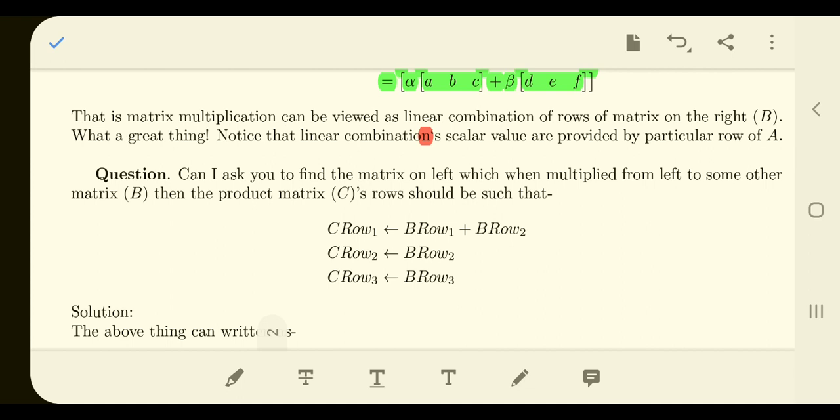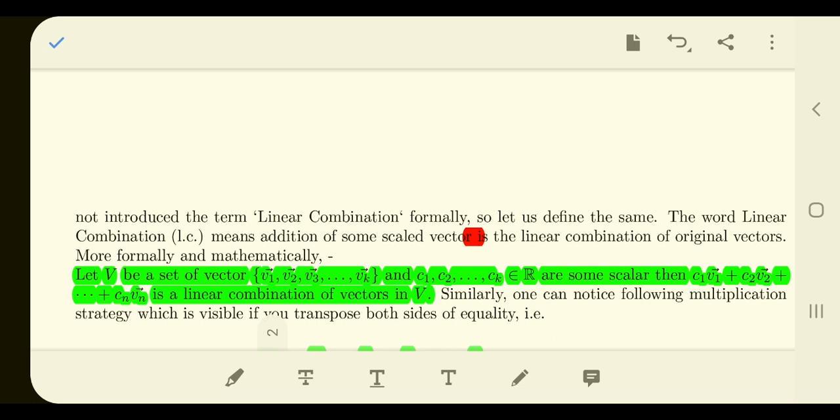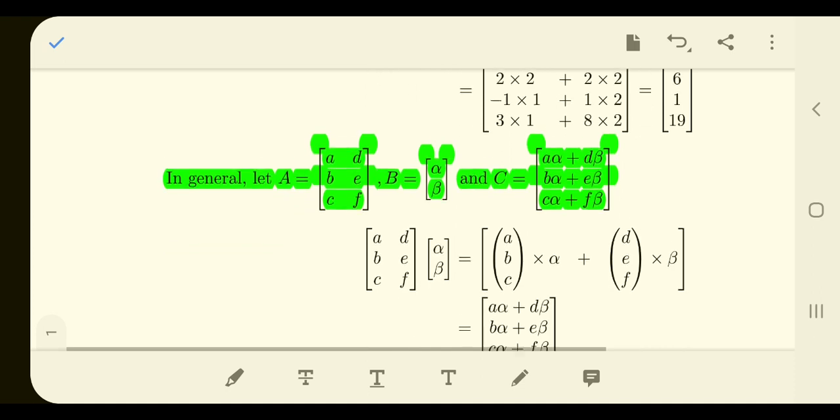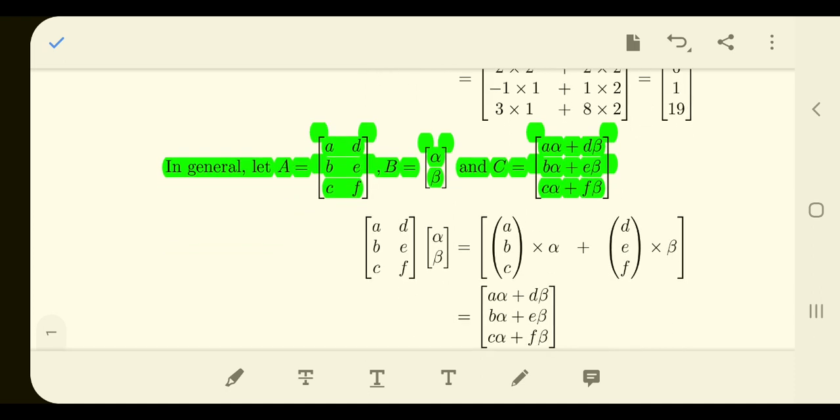Because you see, whenever we are working with the rows, or we want to make the linear combination of rows, then we have to put the multiplier on the left hand side of the matrix. And if we want to work on columns, a linear combination of columns of a matrix, then we have to put the multiplier on the right hand side of that matrix, right? So you can see here, we wanted to work for columns, linear combination of columns. So the combinations are given by B, which is on the right hand side.